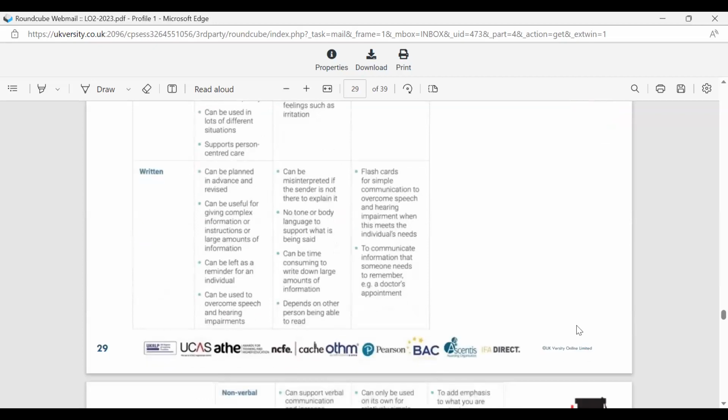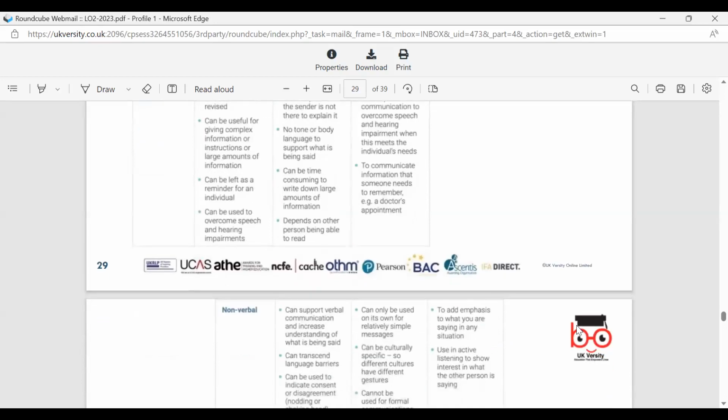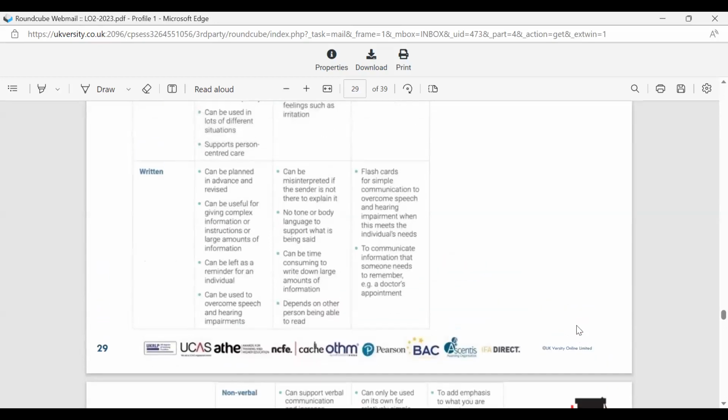Then you've got written communication, whose advantages are that it can be planned in advance and revised. It can be useful for giving complex information or instructions or large amounts of information. It can be left as a reminder for an individual, and it can be used to overcome speech difficulties. And the disadvantages: it can be misinterpreted if the sender is not there to explain it.